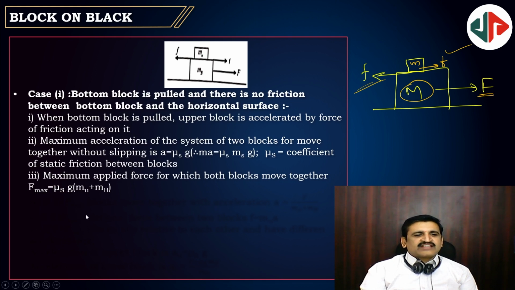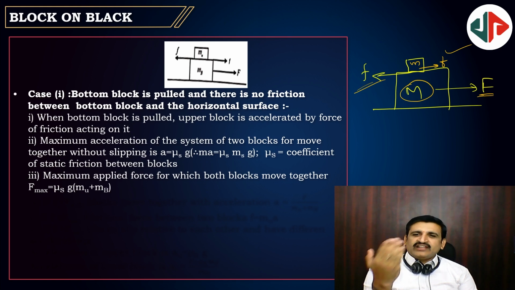So F maximum is equal to, okay, slowly we can have all the points here, because the maximum acceleration of the system without slipping on each other is A equal to mu g. Both can have a maximum acceleration of mu g, because the upper one will get friction only, so its acceleration is mu g only.